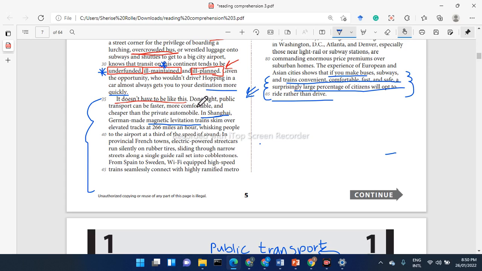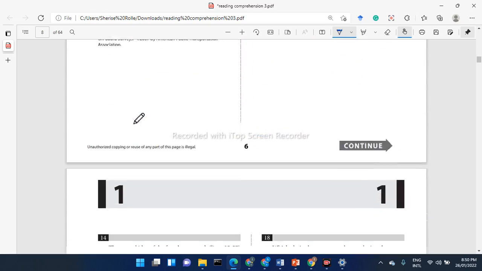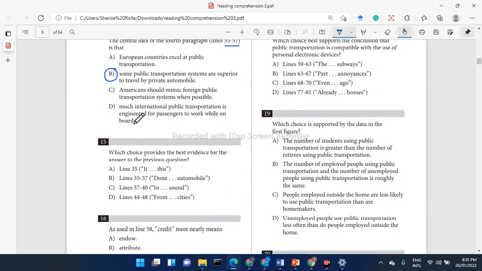It says, done right, public transport can be faster, more comfortable, and cheaper than private automobile. So this is it. The correct answer is 35 to 37, that's C. That's where we find the best answer.